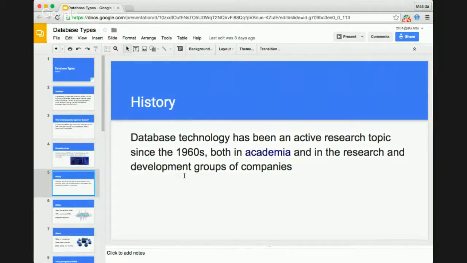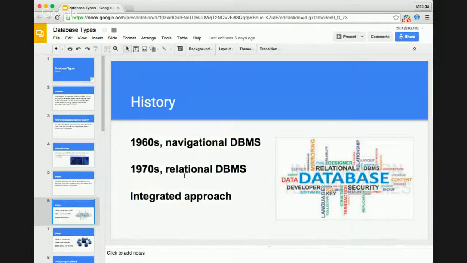The history of databases. Database technology has been an active research topic since the 1960s, both in academia and in the research and development groups of companies. There are six important events in the history of database management systems. The first one is in the 1960s, the Navigational Database Management System.